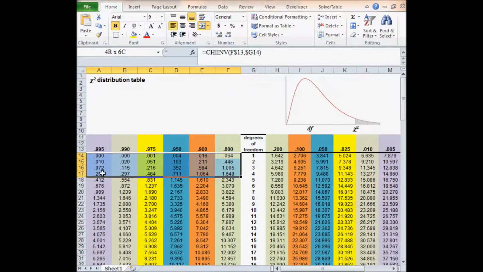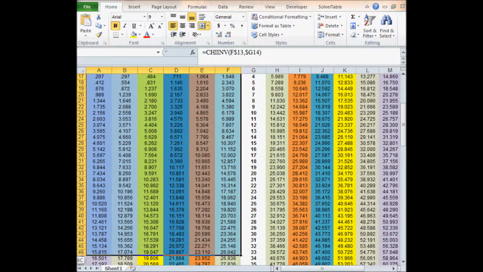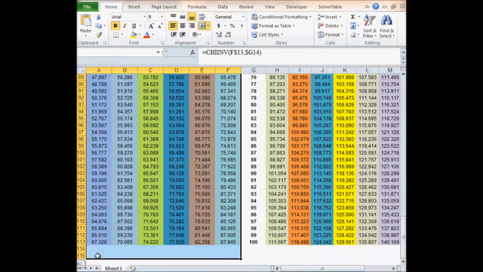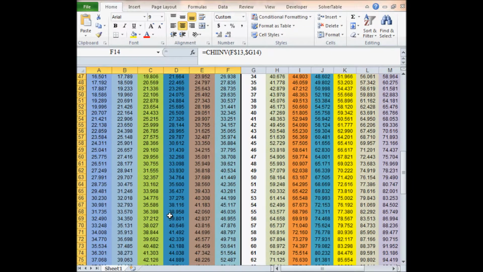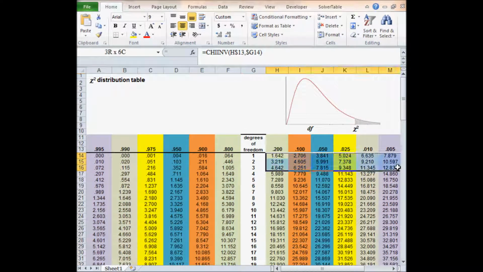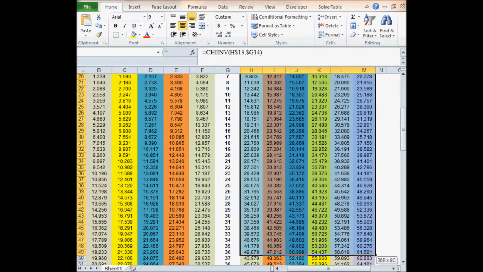These values over here are all lower critical values, smaller than the degrees of freedom. So these values over on this side of my table are lower critical values. The values up here are upper critical values.